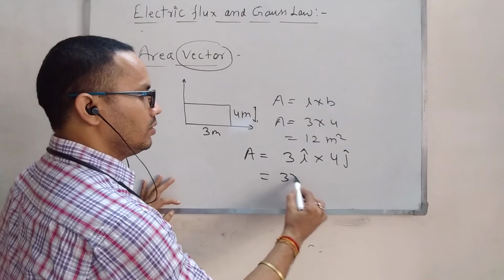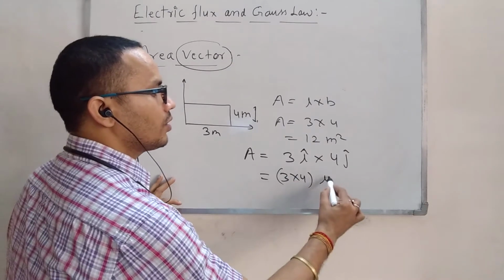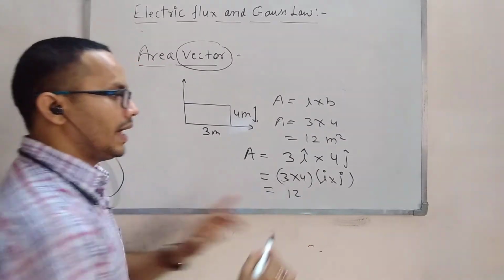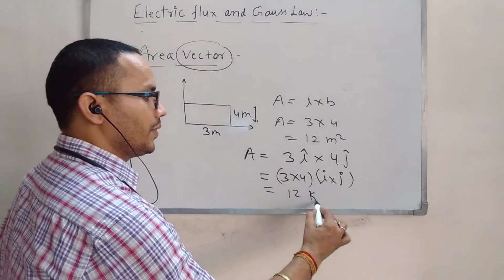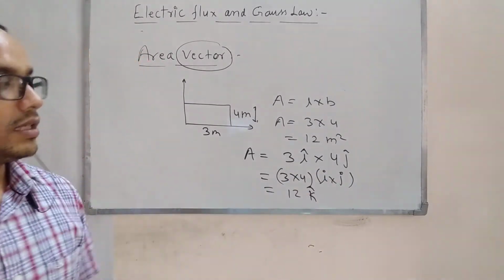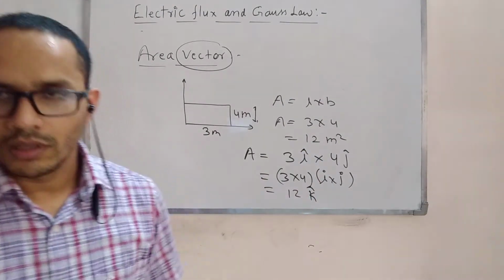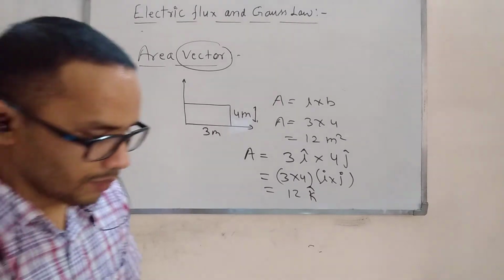And 3 into 4 i cross j. In 11th class you have studied that i cross j is nothing but k cap, which is 12 k cap. It means the area vector is always perpendicular to the surface.